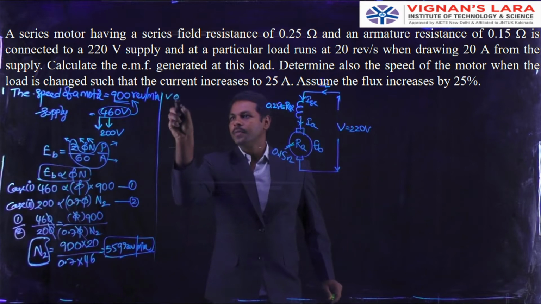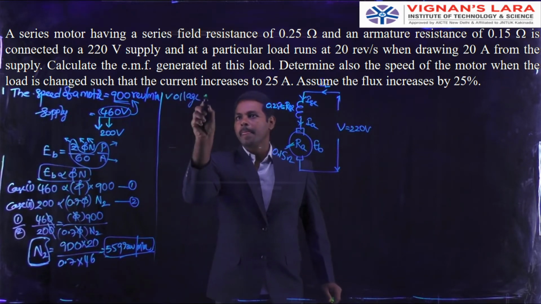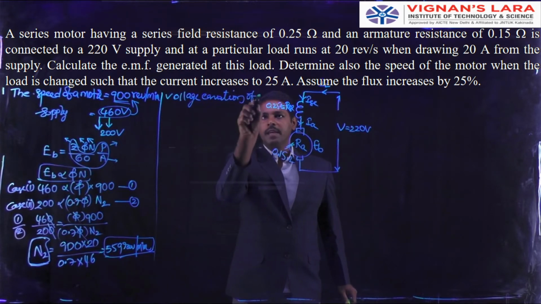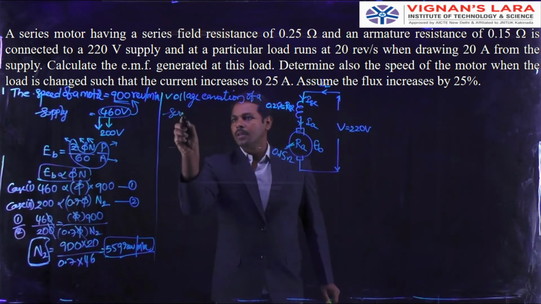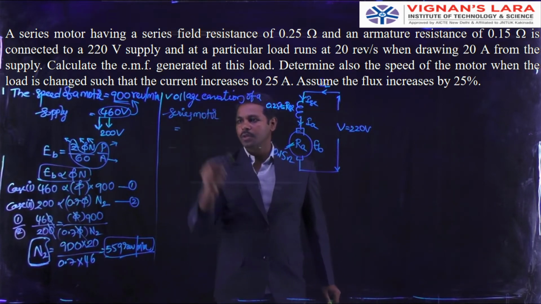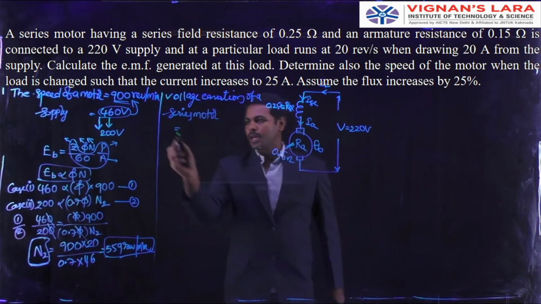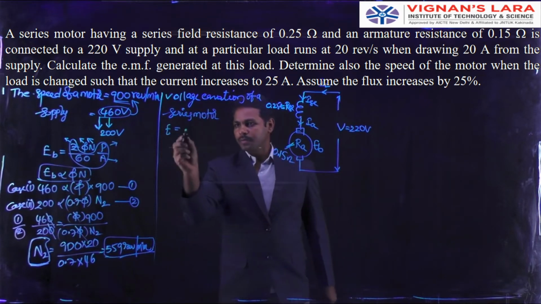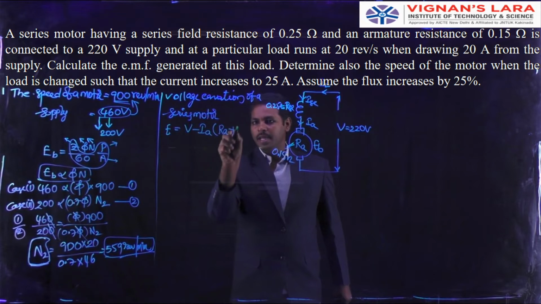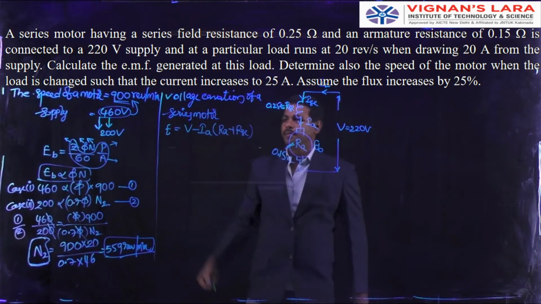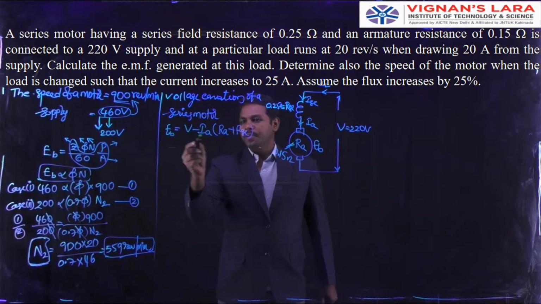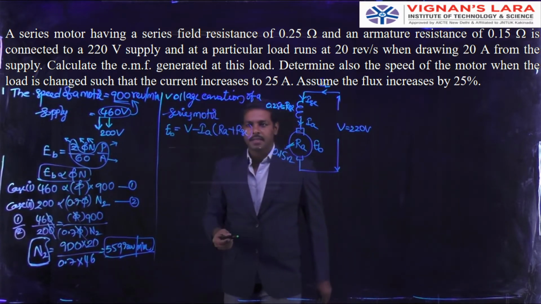The voltage equation of a series motor: back EMF EB is equal to V minus IA into RA plus RSE.